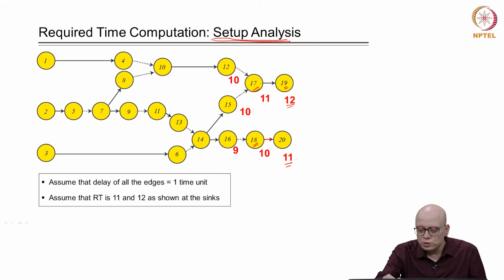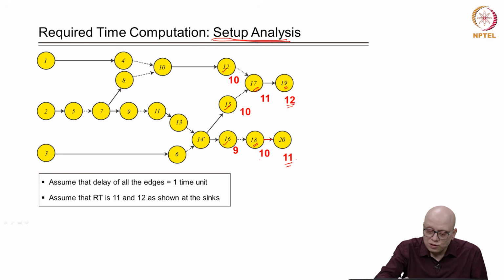Next, we can compute the required time at 12 and 15 as 11 minus 1, which is 10. Similarly, for vertex 16 we can compute the required time as 10 minus 1, which is 9.